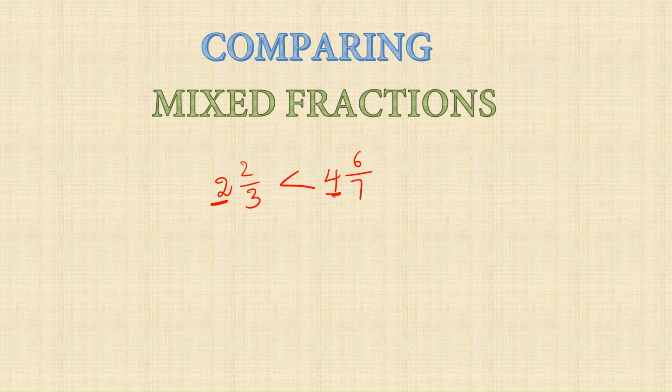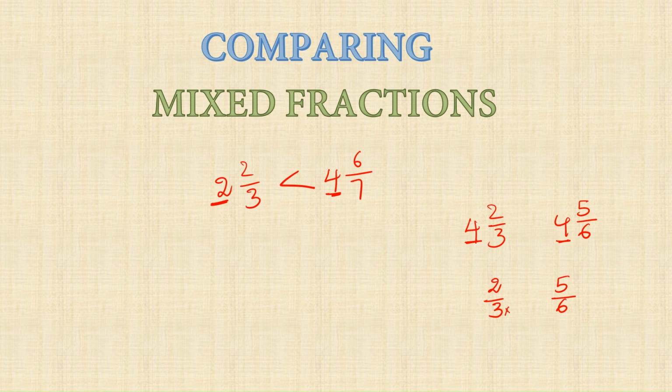If at all the whole part for both the cases is the same, considering this example, the whole part is 4 in both the cases. In such a case, we have to compare the proper fractions here, that is 2 upon 3 and 5 upon 6. Here for 3 and 6, we know 6 is the LCM.